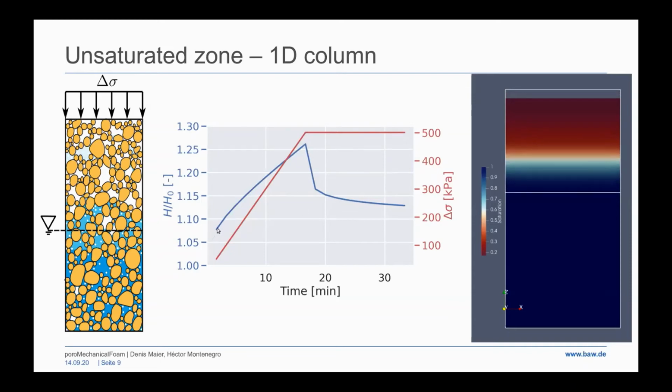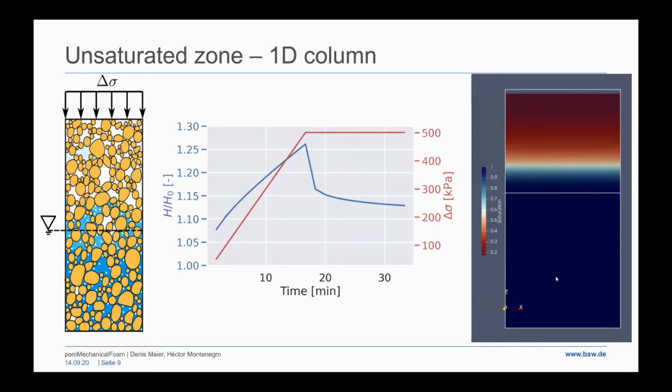What will happen is that the pore pressure, or the water table, will rise, in this case to around 25% of the initial height. And when we hold the loading constant, the water table will drop again and will slowly approach its new value.